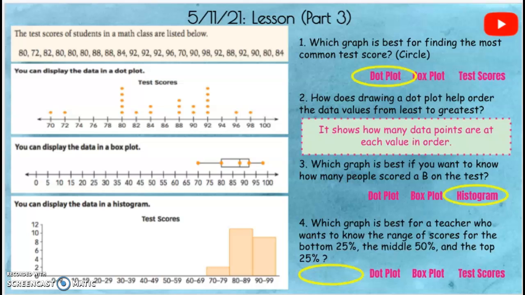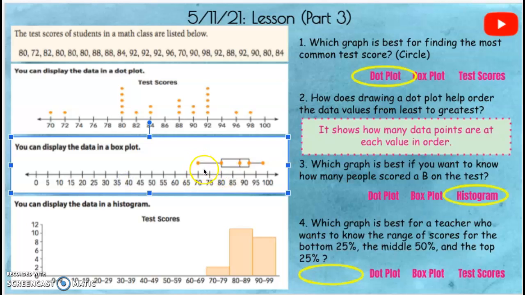Last one. Which graph is best for a teacher who wants to know the range of scores for the bottom 25%, the middle 50%, and the top 25%? So remember, we can't really tell percent with the dot plot and the histogram, but we can tell percents with the box plot.